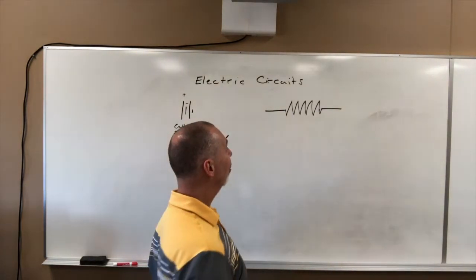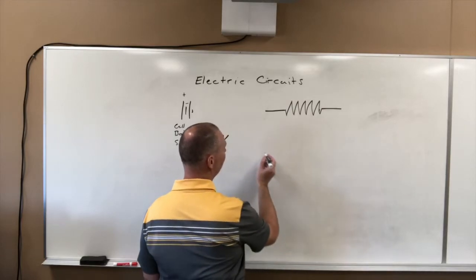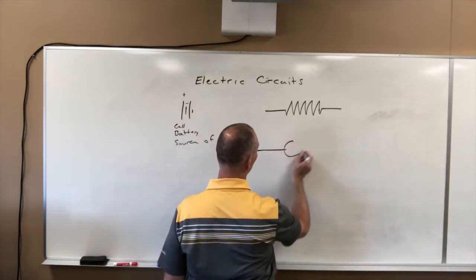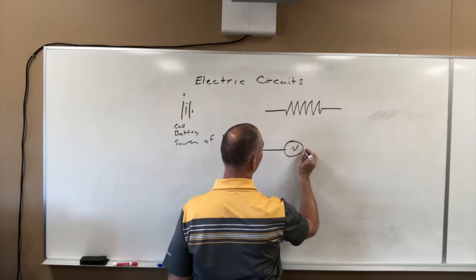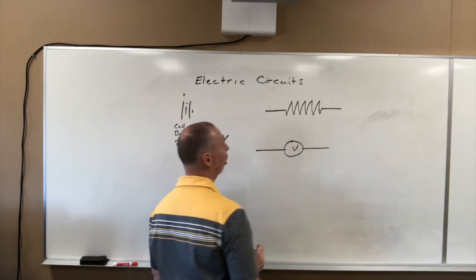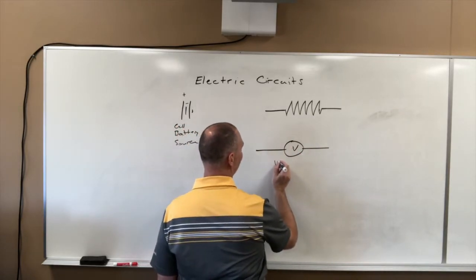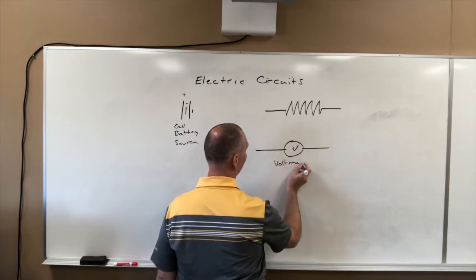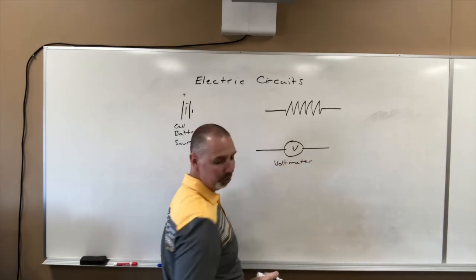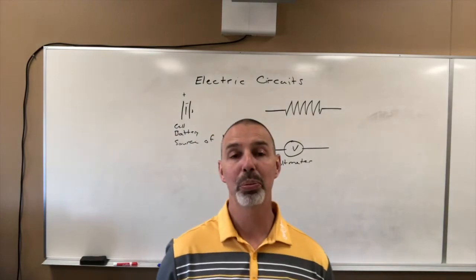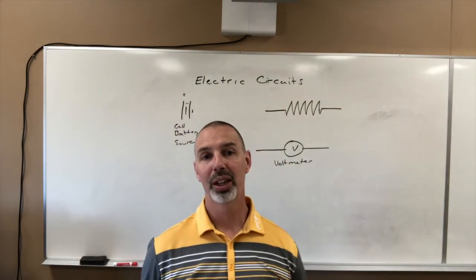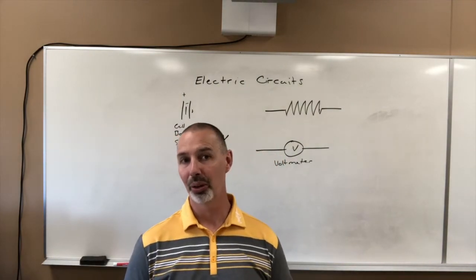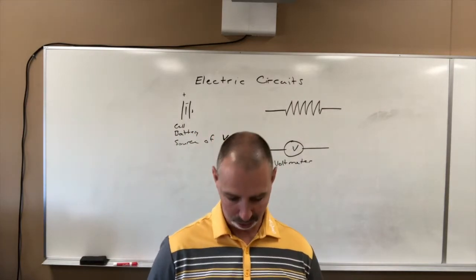Now, a couple other symbols that we'll see: we may see a circle with a V inside of it. That will be a voltmeter. A voltmeter is just a meter that measures the potential difference passing through either a resistor or a circuit of some kind.